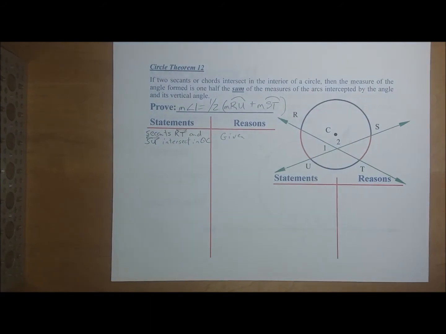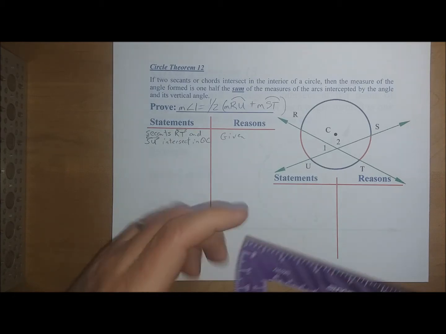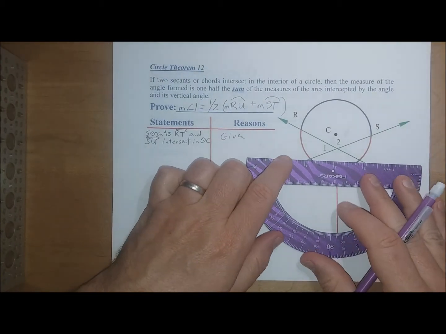All right, where are we going from there? Well, I'll give you some hints. We're going to use inscribed angle theorem, which we've already proven that we're comfortable with. We're going to draw some auxiliary lines. And first auxiliary line I want to draw is UT.